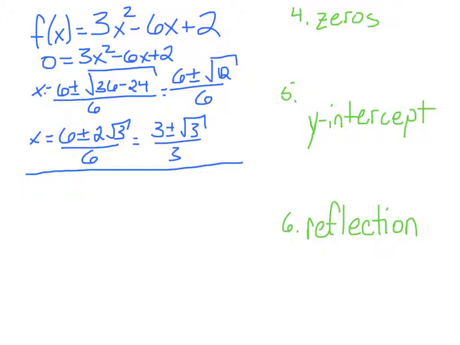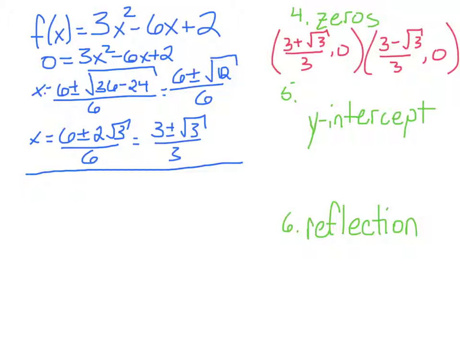Now I'm going to write these as coordinates, and so that's going to look like this: 3 plus radical 3 over 3, comma 0, and the other one is going to be 3 minus radical 3 over 3, comma 0.